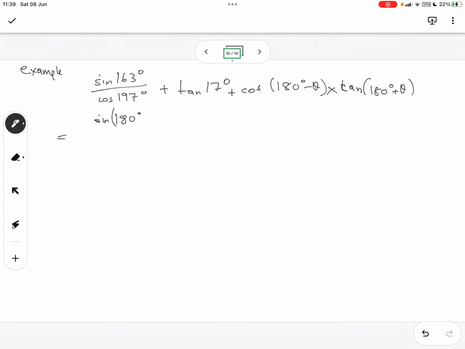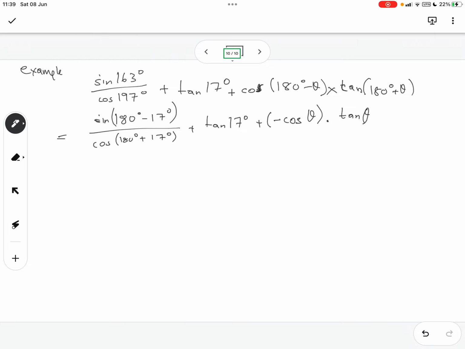So we're doing it step by step. If we have sine of 180 degrees minus 17 degrees, and here we have cos of 180 degrees plus 17 degrees, we add that to tan of 17 degrees. 180 degrees minus theta is second quadrant.